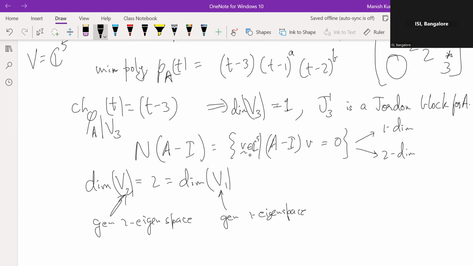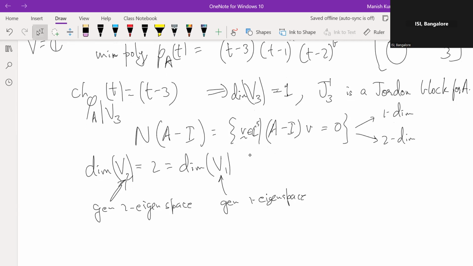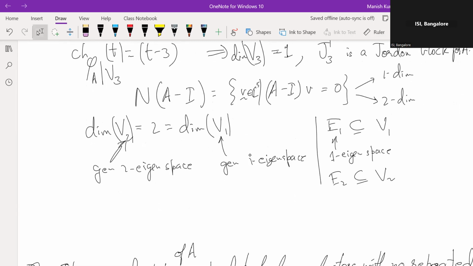So there are two cases. Let's say E1 is the 1 eigenspace, contained in V1, and E2 contained in V2 is the 2 eigenspace. So there are various possibilities.